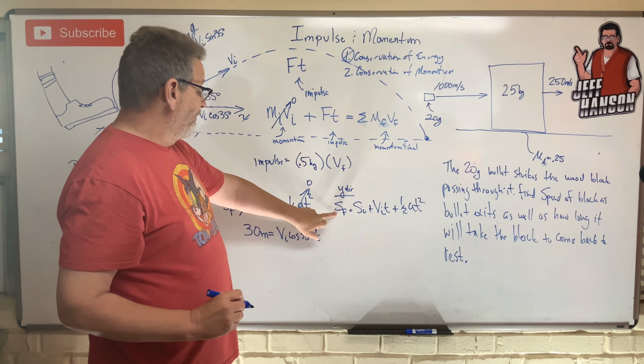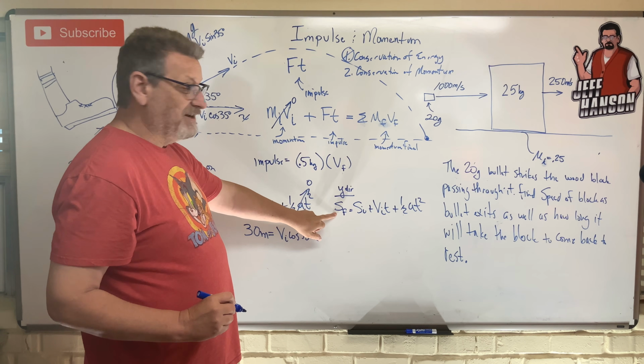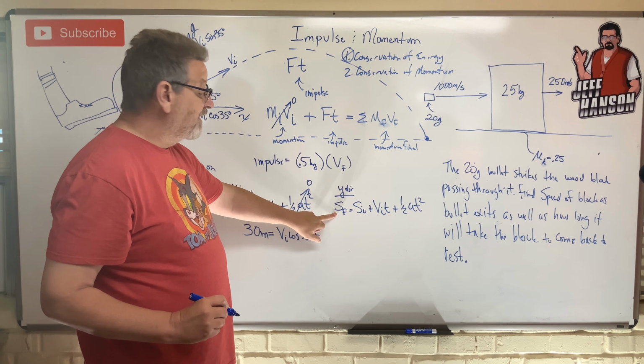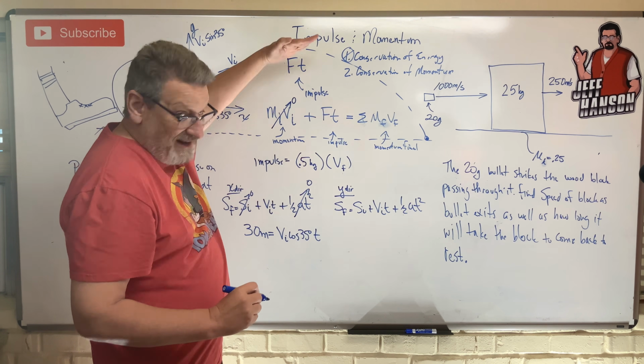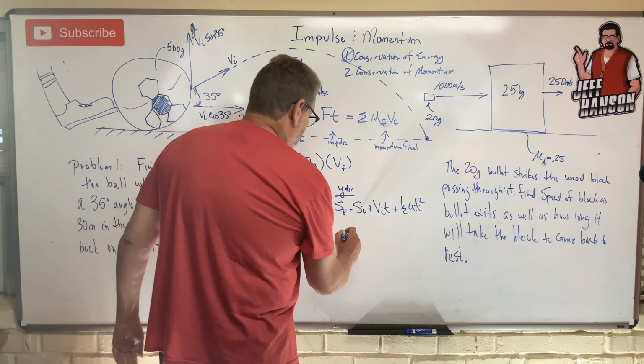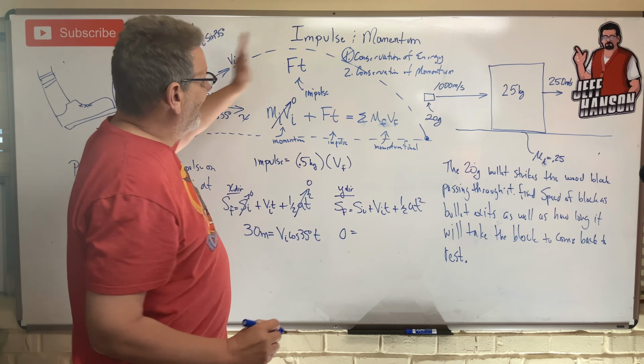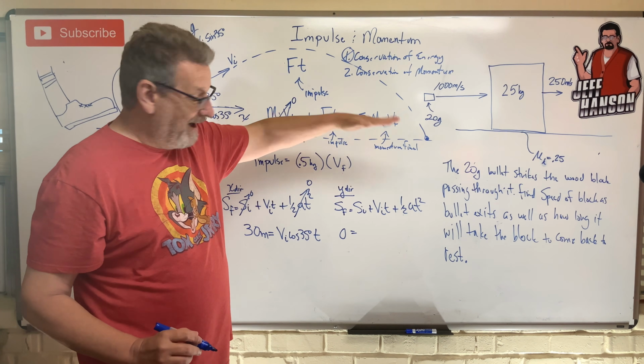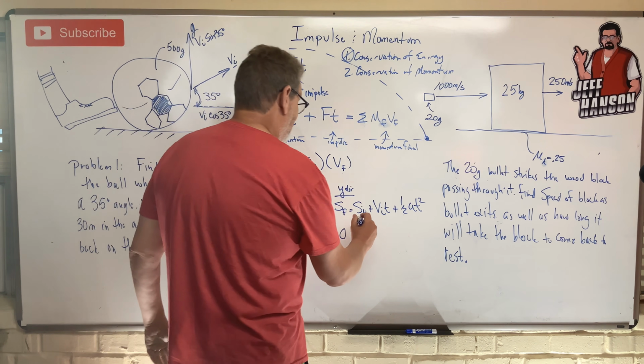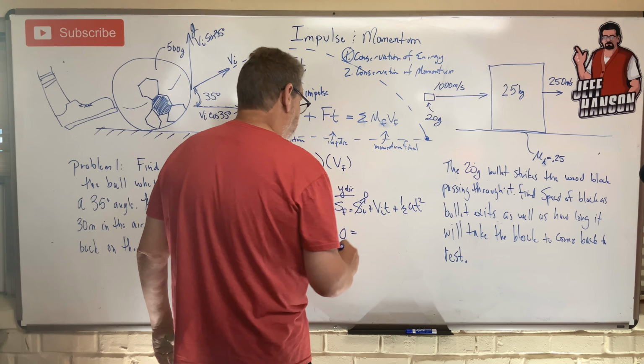Let's go over here to the y direction. Okay, the initial position in the y, in elevation, let's call it 0, right, initially. Its final position, it landed back on the same field at the same height. We'll call that 0, okay? This guy's 0.